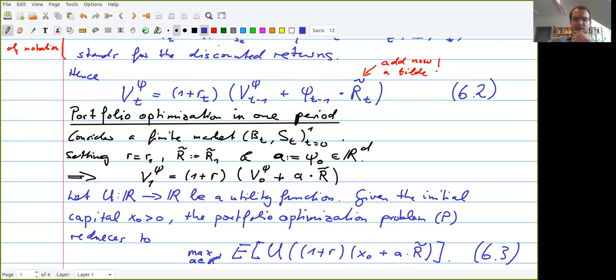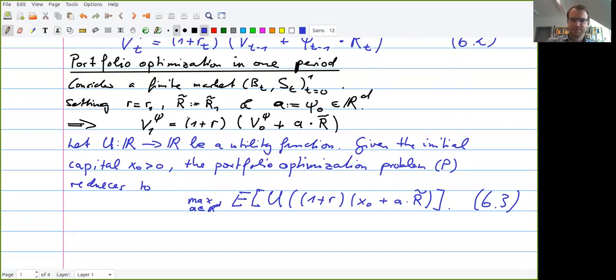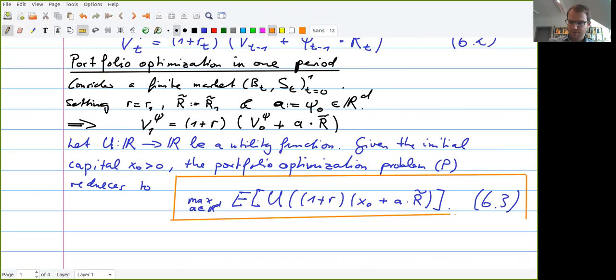So this is the problem we face now, and this is the goal for the first half of the lecture today. The second half is to start understanding what happens if we have more than one trading period.